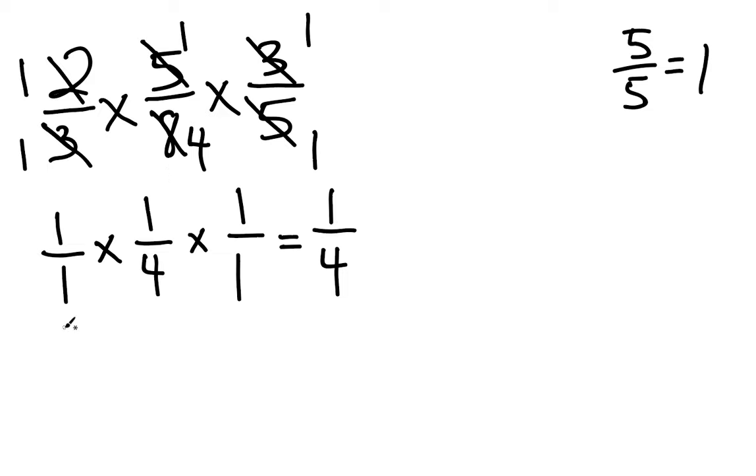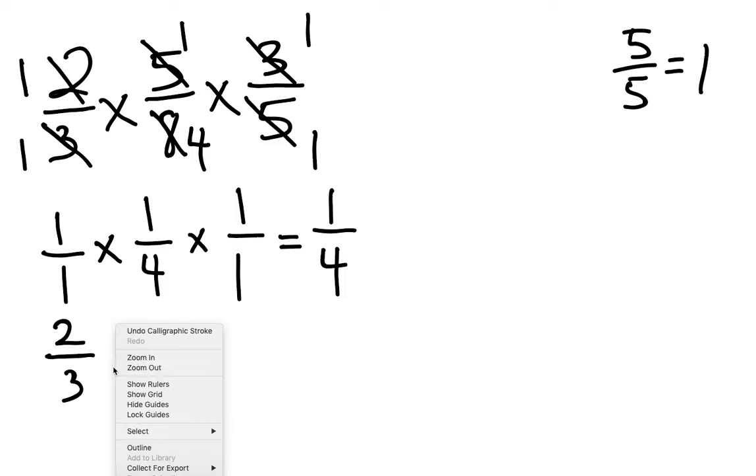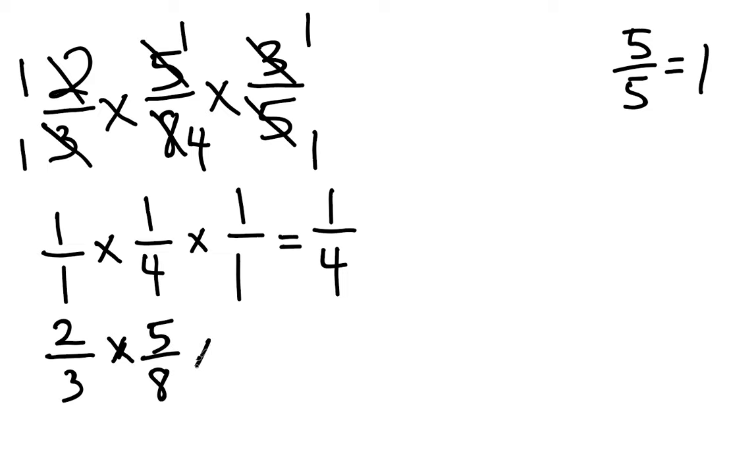Let me write this problem again, and we're going to do just the regular multiplication like we normally would, so you can be sure that if you had just multiplied these without canceling, we would have ended up with the same thing. So 2 times 5 is 10, times 3 is 30. 3 times 8 is 24, and 24 times 5 is 60.